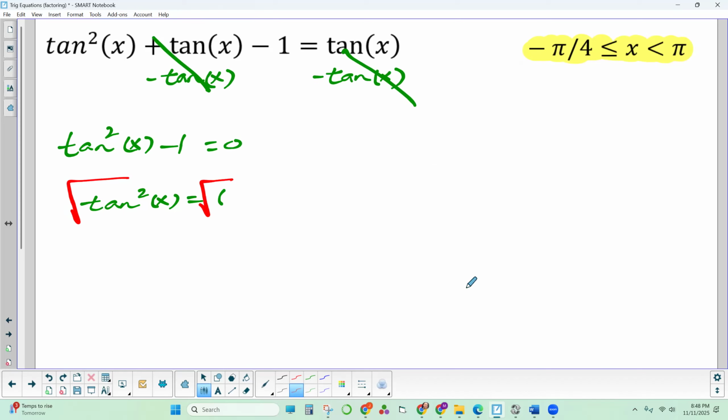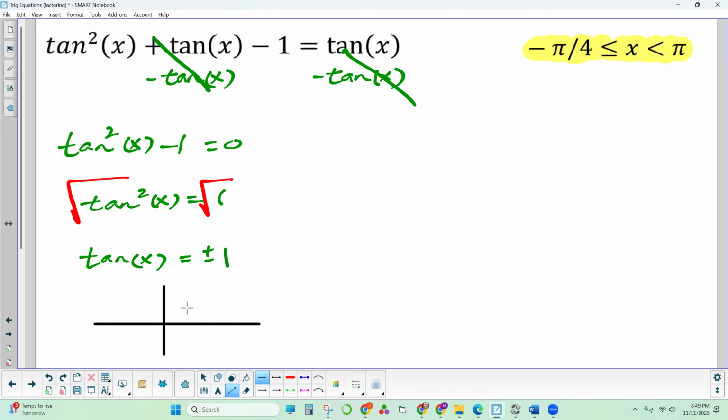Okay? So that's going to give me tan x equals plus or minus 1. So I'm looking for angles where tangent is plus or minus 1, and that would be at all of my 45s.